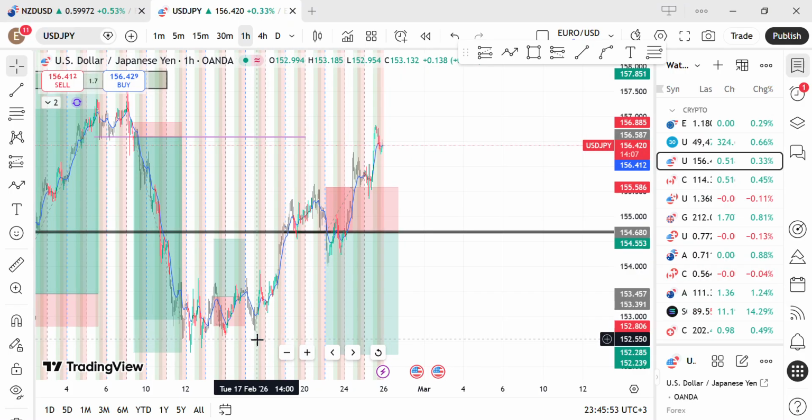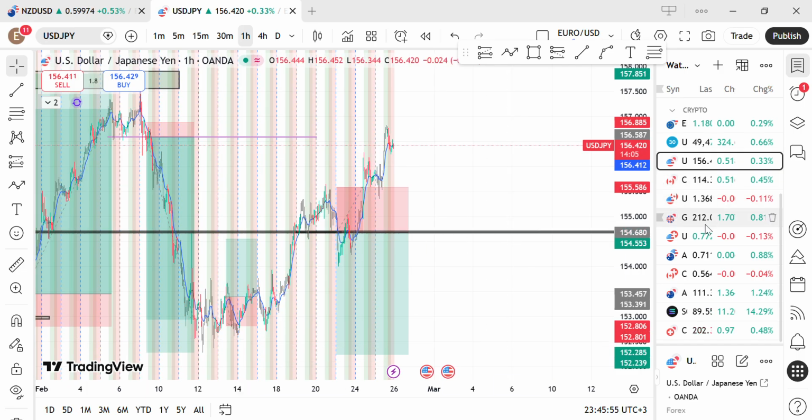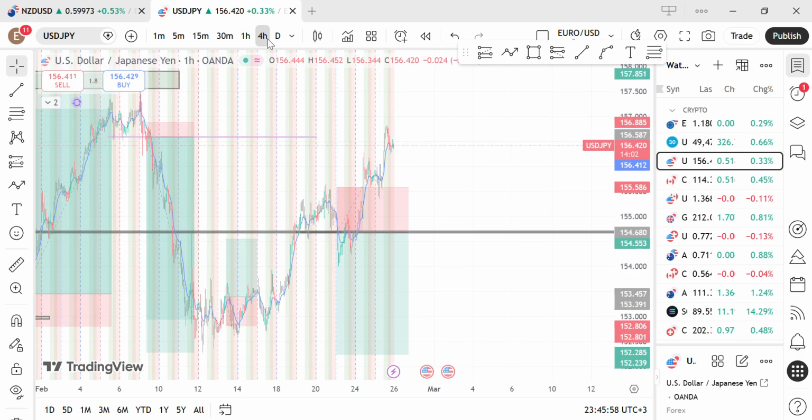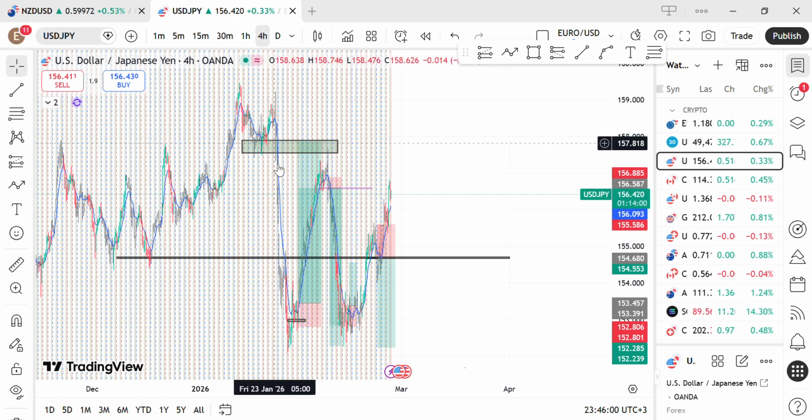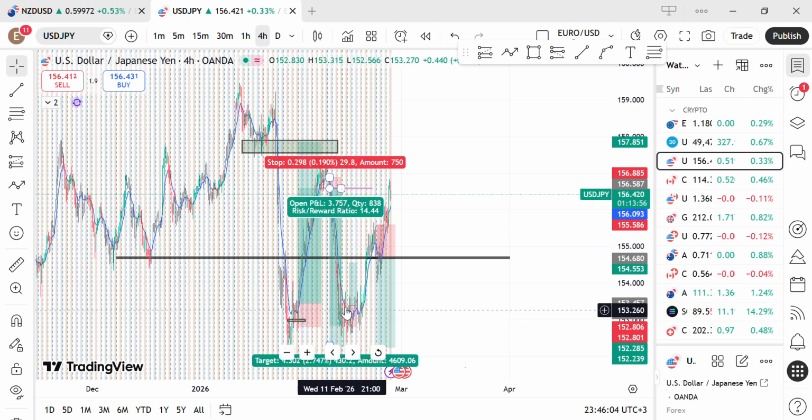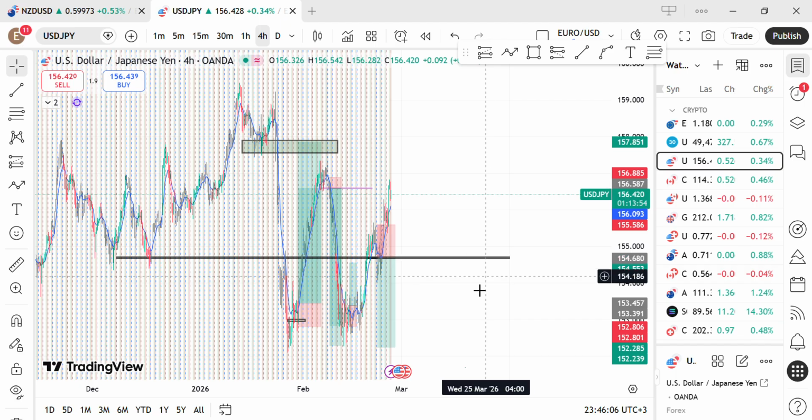Maybe that's why I was thinking of selling. But sellers, sellers, sellers. But the market did its thing, so you can't control that.